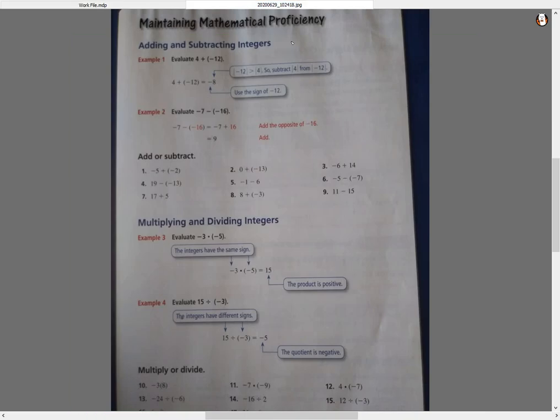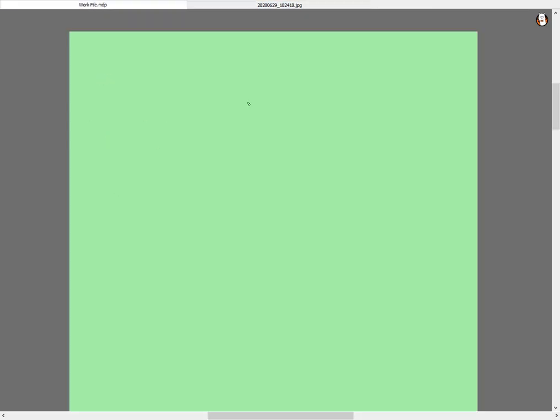All right, let's do the next one. Negative 6 plus 14. All right, so this is our first weird one, right? First, we're going to notice this is plus, addition.